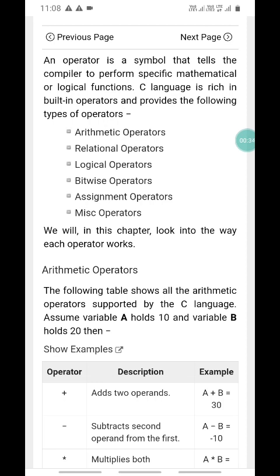These are the operators which perform some specific mathematical task or logical function. So the first one is the arithmetic operator, second is the relational operator, then logical operator, bitwise operator, assignment operator, and miscellaneous operator. We will look into the way each operator works in this chapter.